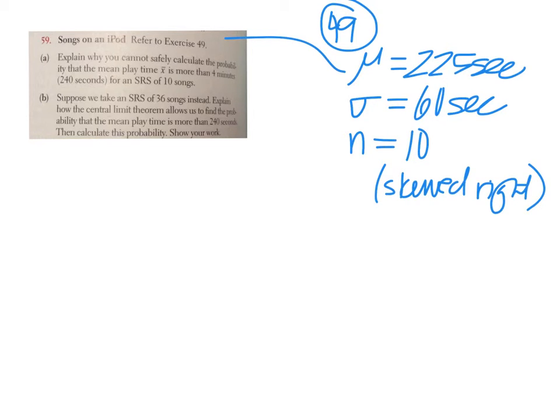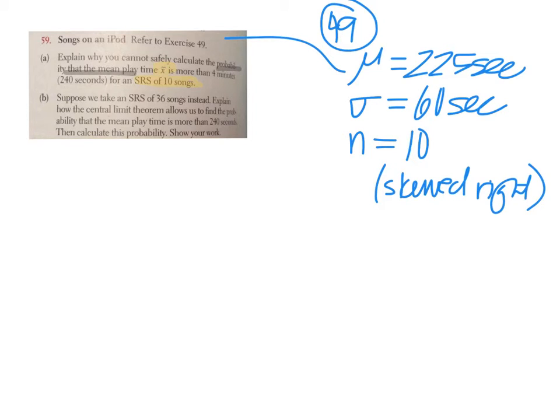Question A says, explain why you cannot safely calculate the probability that the mean playtime X bar is more than 4 minutes for a simple random sample of 10 songs. All right, so we're talking about an X bar situation, and we're trying to find a mean. The issue is we're trying to find a probability.